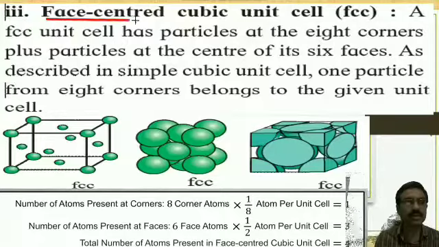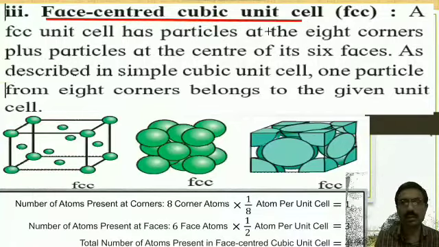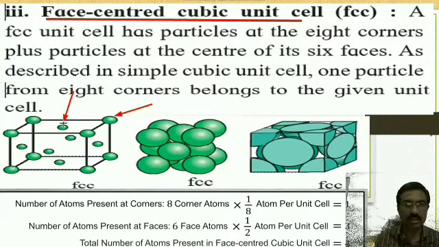In the face centered cubic unit cell, in the figure of the face centered cubic unit cell, the number of particles present at corners is 8, and 6 particles or atoms are present at the faces of the cubic unit cell.